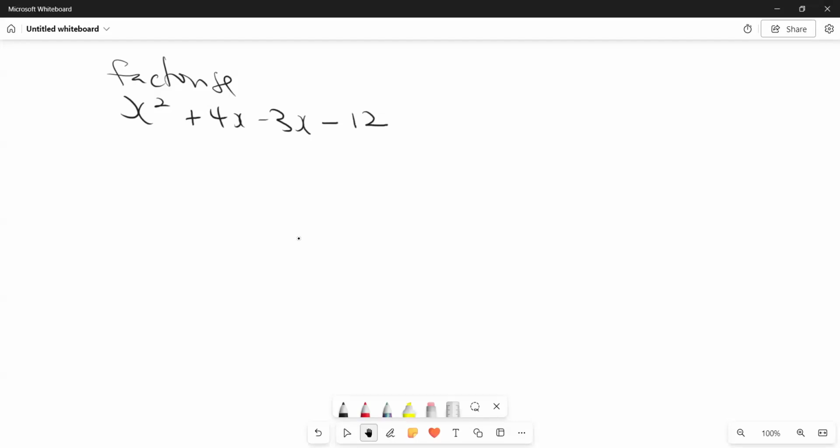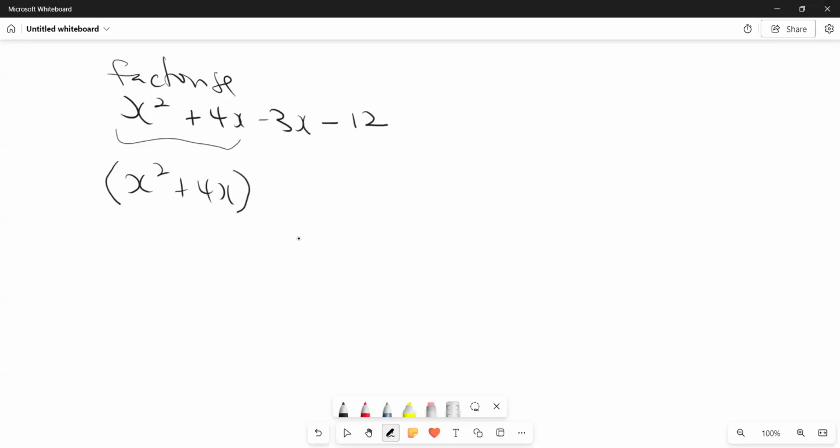You have to factorize that. So, okay, let's try and see. Let's say you take these two together. You get x squared plus 4x. Put that in one bracket.